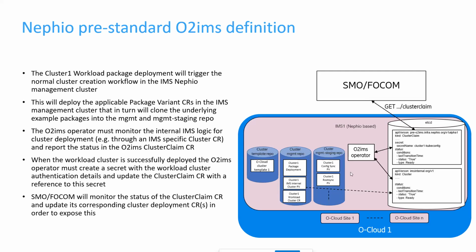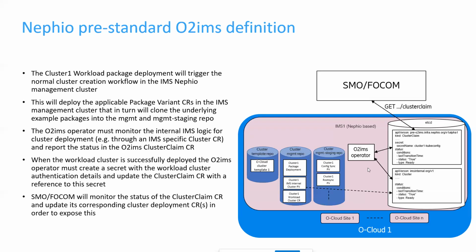I'm assuming that the cluster claim is being processed by the O2IMS operator, and it generates something like the cluster CR, and the cluster CR has a reference to the IMS. It basically creates another package that includes all the KRM resources for actually creating the cluster, and there is something else.